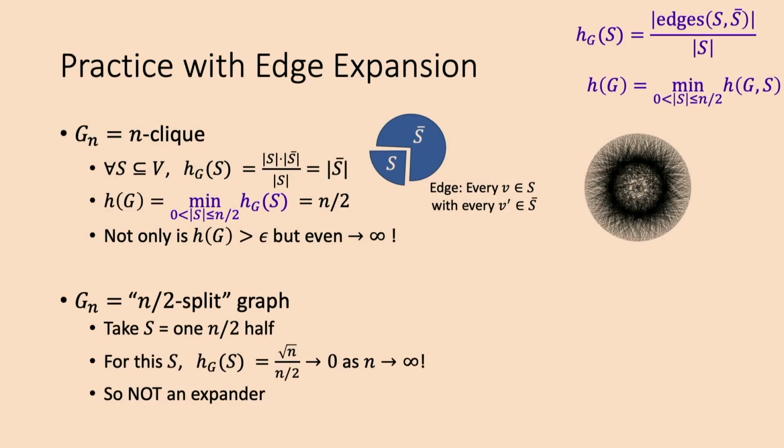That there exists some constant epsilon such that this expression, h of G, is always above epsilon. But h of G here is n over 2. So not only is this not going to 0, I'm not worried about crossing some constant epsilon going to 0. In fact, this number is getting bigger as we get bigger.